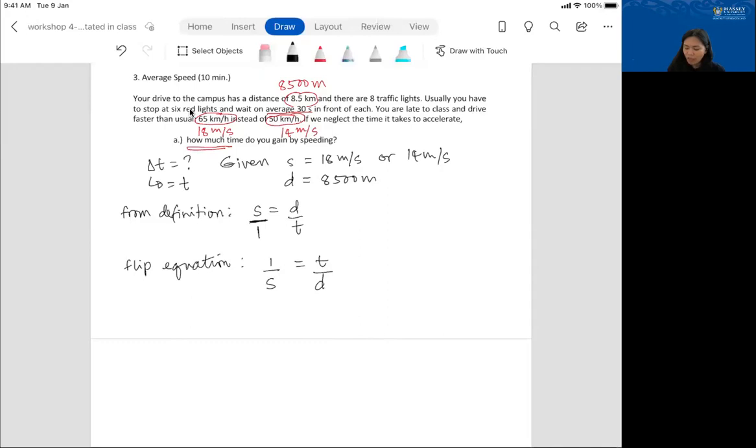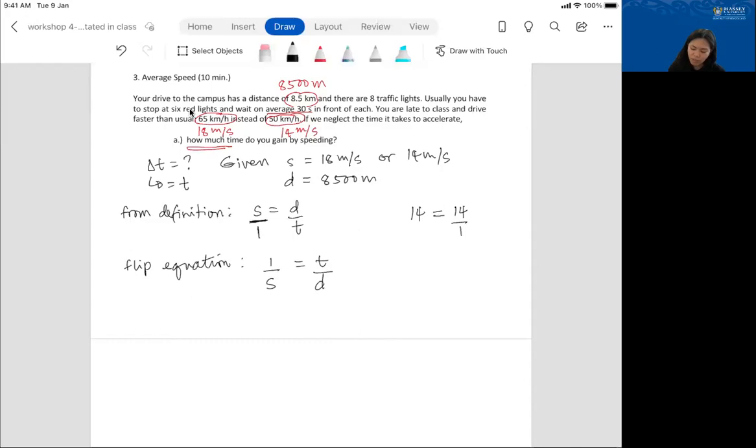So for example, you find 14. Implicitly that's 14 over 1, but we don't put divided by 1 because we know that any number divided by 1 is itself. So 14 is the same as 14 divided by 1, so that if you flip this, it's 1 over 14.